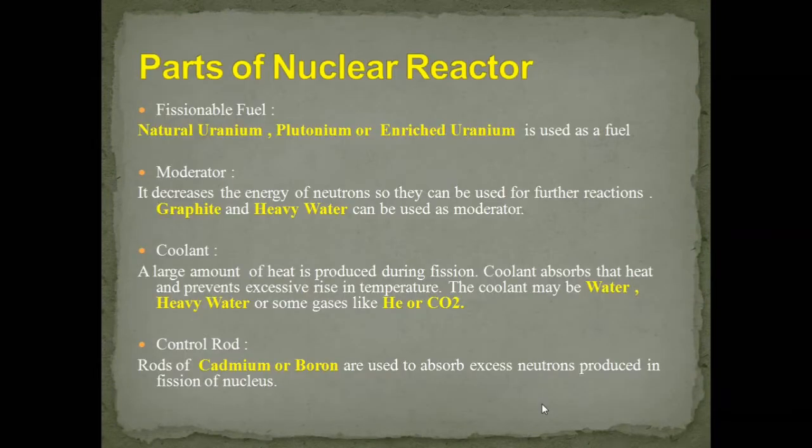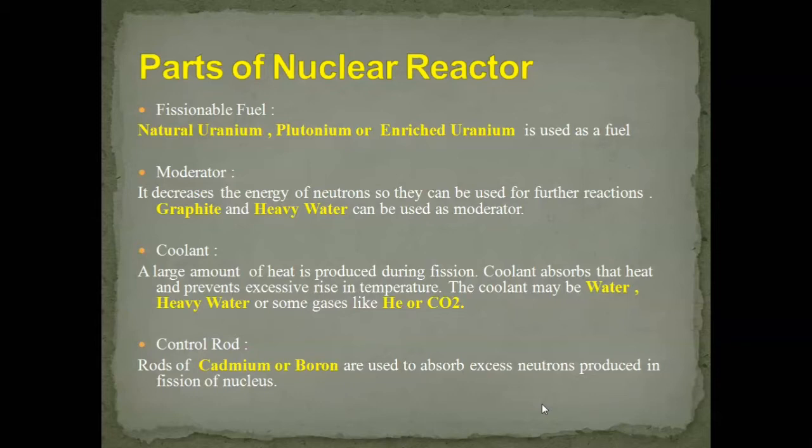Moving further, the next thing we have to see is the parts of a nuclear reactor. The first component is the fissionable fuel. Natural uranium, enriched uranium or plutonium is used as the fuel. Next is the moderator.